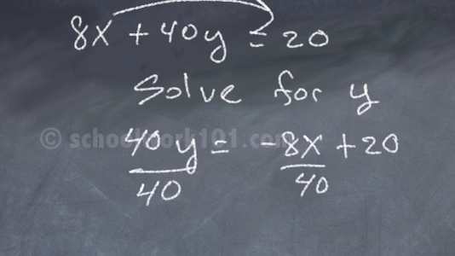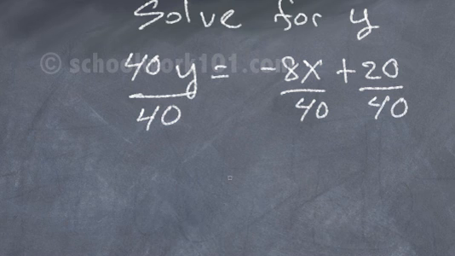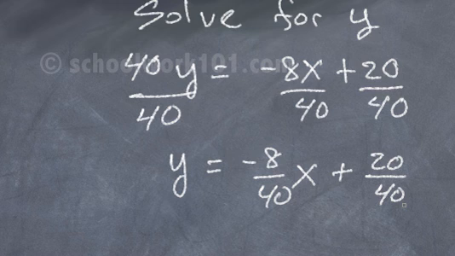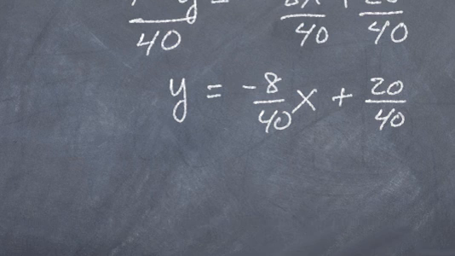All right, divide both sides by 40. So we're going to divide everything by 40 here. And we have y is equal to negative 8 over 40 x plus 20 over 40. Now let's just go ahead and simplify this.